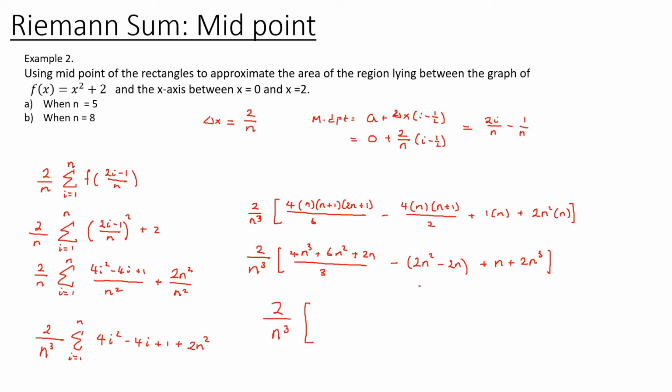Combine the like terms, then you should be left with 10 over 3 n squared, n to the third, plus 5n. Which comes out to be 20 over 3 plus 10 over n squared. So this is your midpoint area.